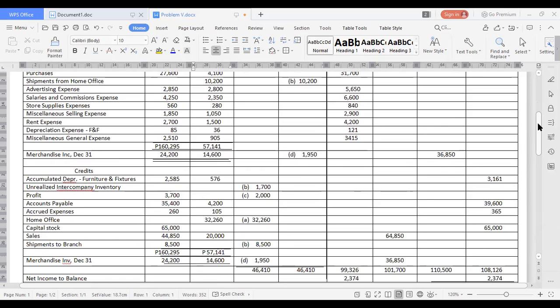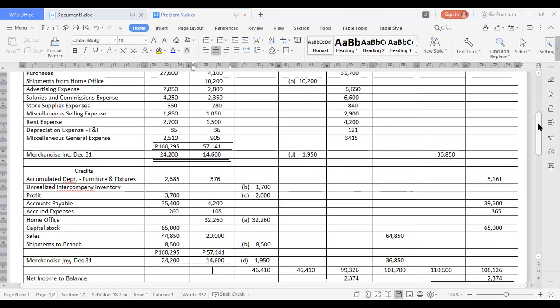While in the income statement, we extend sales and our merchandise inventory at the end to the credit column. That's your ending inventory. The beginning inventory is extended to the debit side.